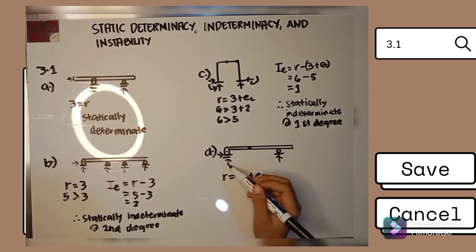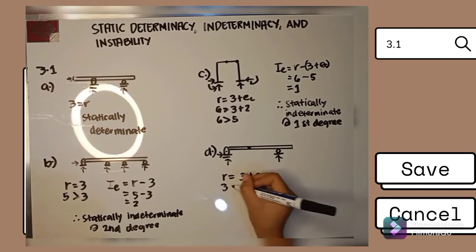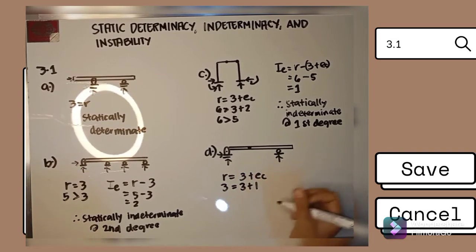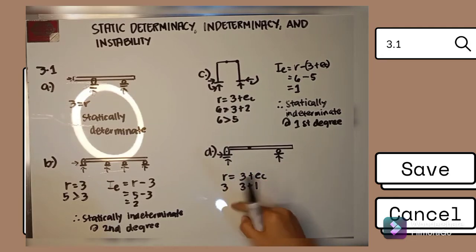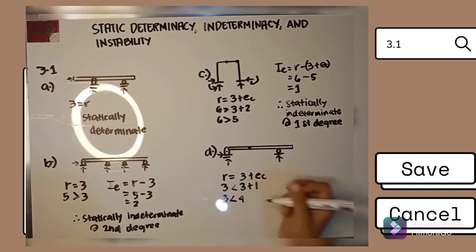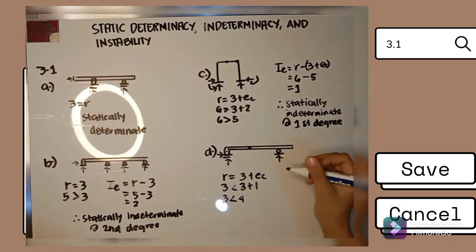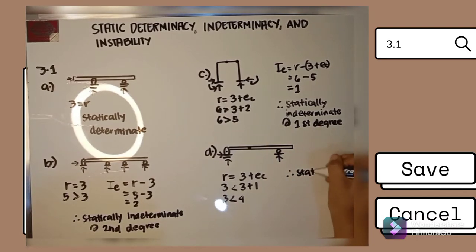The external reaction is 3, compared to 3 plus 1. So 3 is less than 4. Therefore, this beam is statically unstable externally.